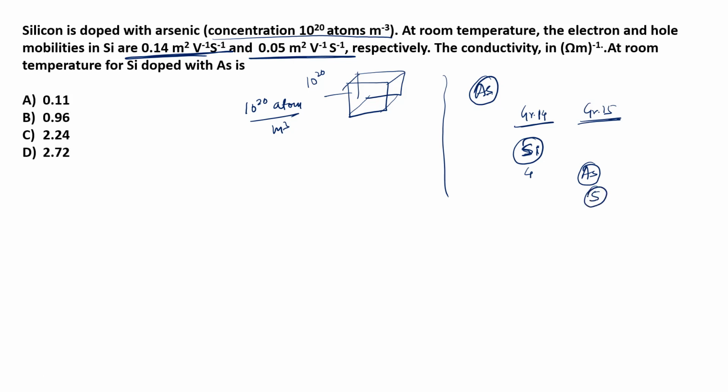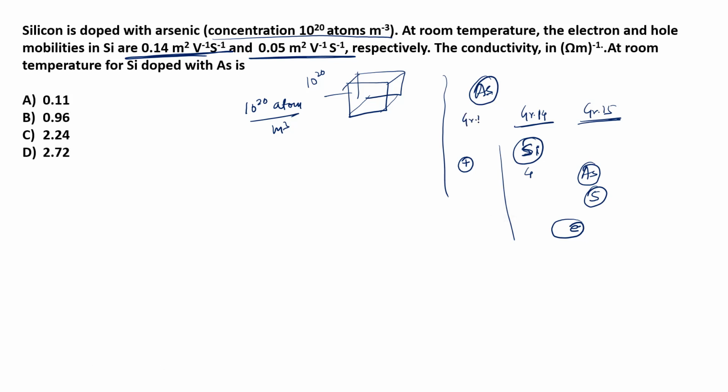So whenever a pentavalent atom is added to silicon, we get one extra electron. And whenever a trivalent atom is added, like boron or gallium, we get a plus, that is called the hole, or the lack of an electron.